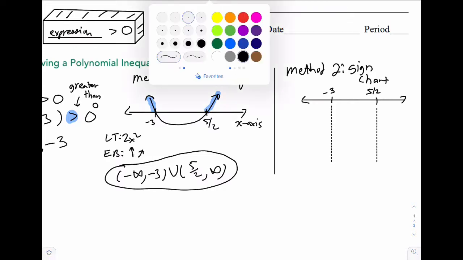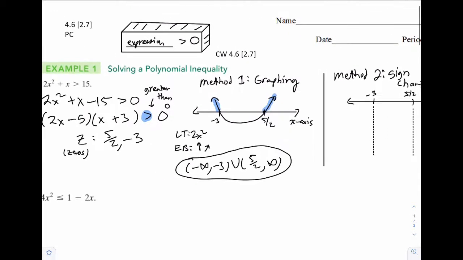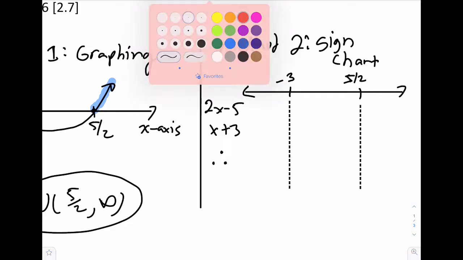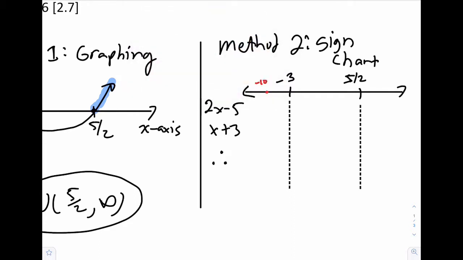We're going to make a column of the factors now. So the two factors I had were 2x minus 5 and x plus 3. And then you're going to add one more row. I call it the therefore row. What you're going to do is pick a number less than negative 3. So let's say you pick like negative 10.